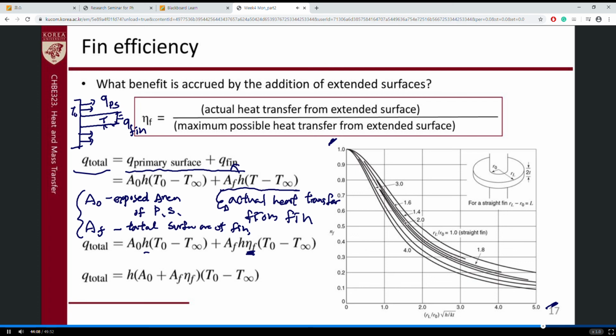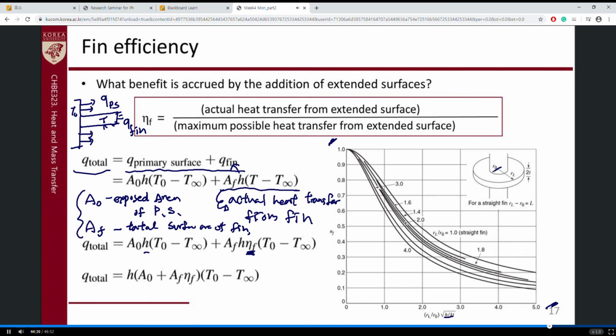And h and k, these values are usually constants, right? And we assume that t is very, very small, a very thin extended surface. The efficiency depends on the ratio of the radius, okay?